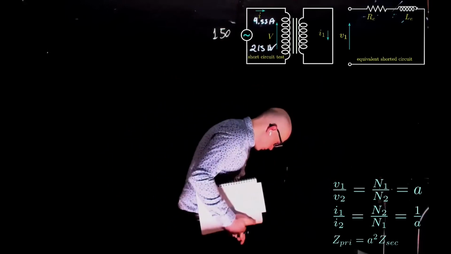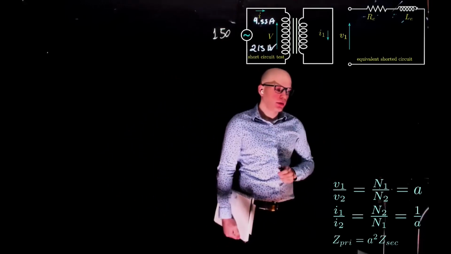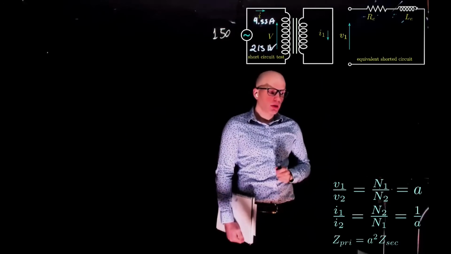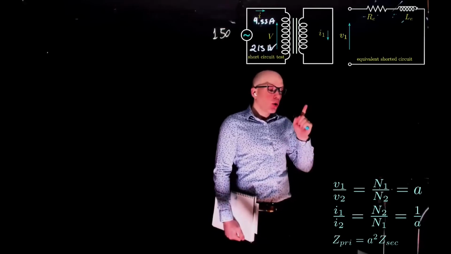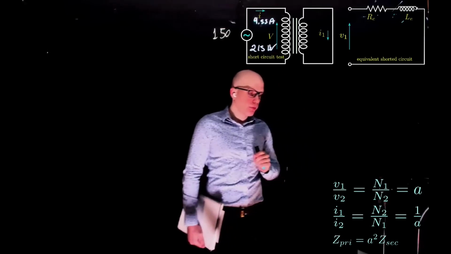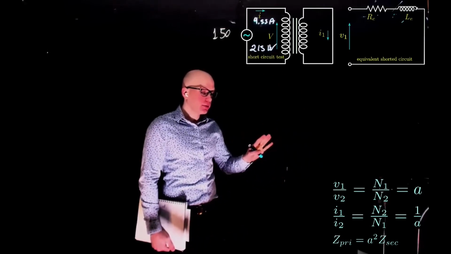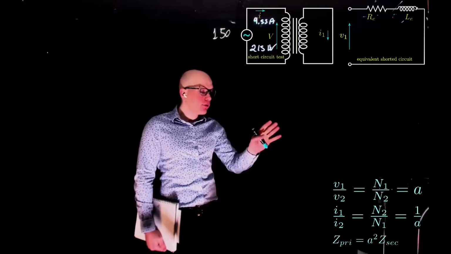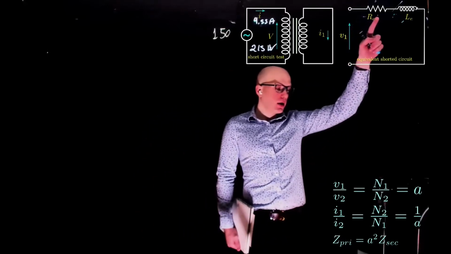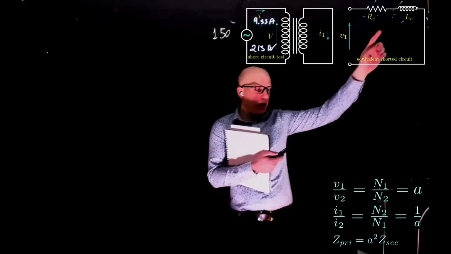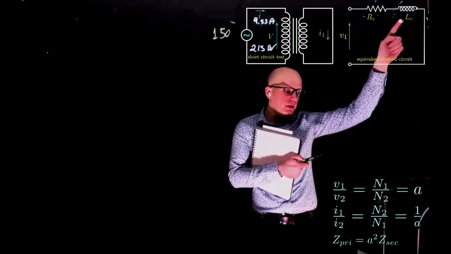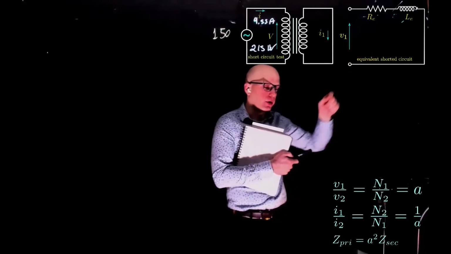Can we perhaps start with the power being dissipated, all of it through the resistor? Exactly, we can do that. The power dissipated through the resistor. Which resistor though? The equivalent resistor, RE here, and the equivalent impedance, LE or XE.